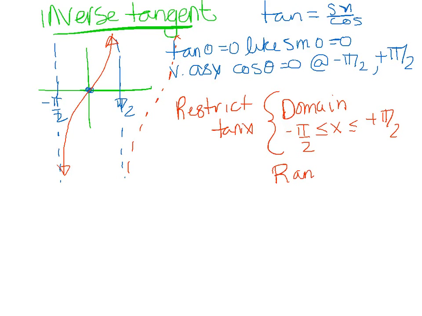The range is a little more interesting for a tangent. What's the lowest we can talk about in the range? Negative infinity. And then the highest, of course, is positive infinity.